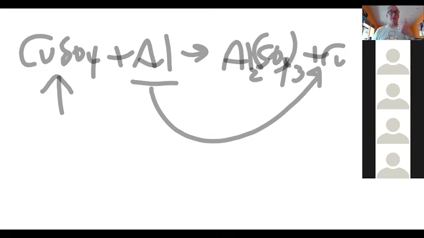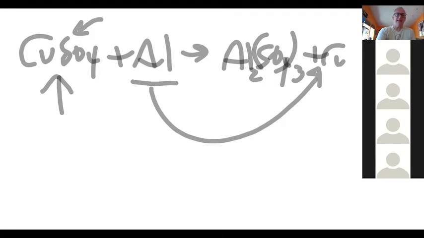Exactly. So if I know how many moles of aluminum I have, and I can figure out how many moles of copper sulfate I would need because of my balanced reaction, how do I ensure that I still have copper sulfate left over at the end? There's a basic word I'm looking for.